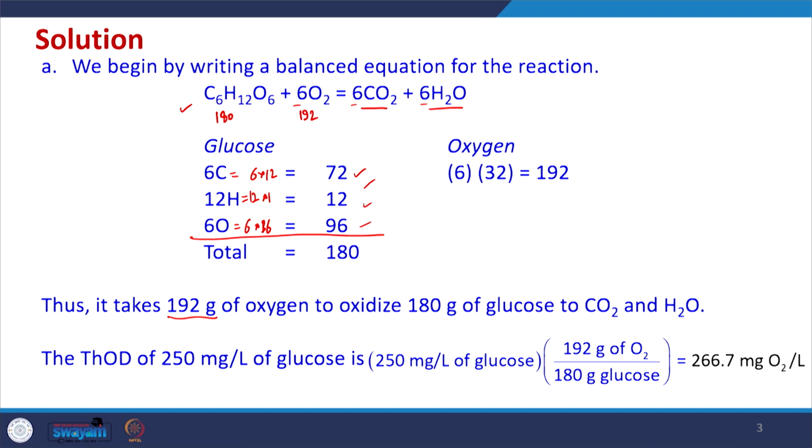So, the theoretical oxygen demand is 250 milligram per liter of glucose into 192 gram of oxygen divided by 180 gram of glucose. If we solve this we get 266.7 milligram of oxygen per liter. So, the THOD value is 266.7 milligram of oxygen per liter.